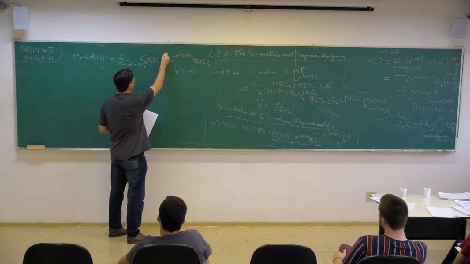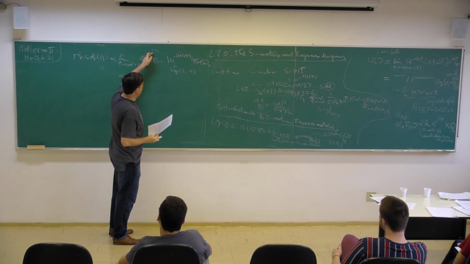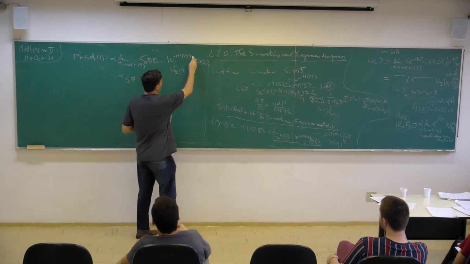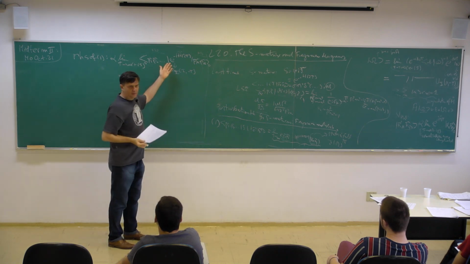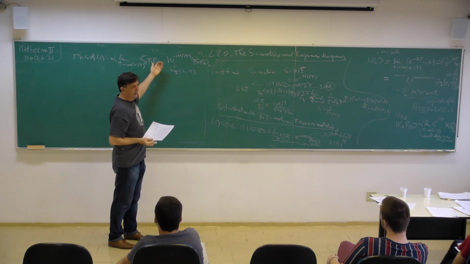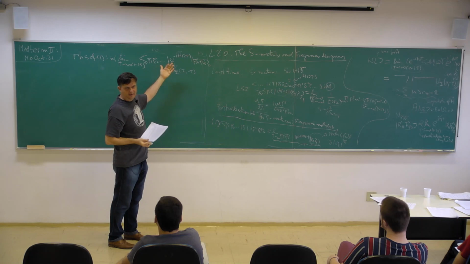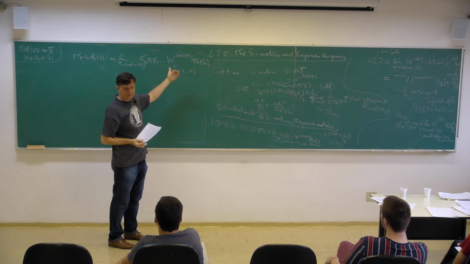We have this object that is an eigenstate of H0, but here we have H, right? So the reason is that what we want to do is rewrite everything in terms of the interaction picture.